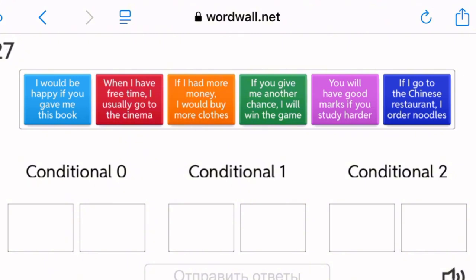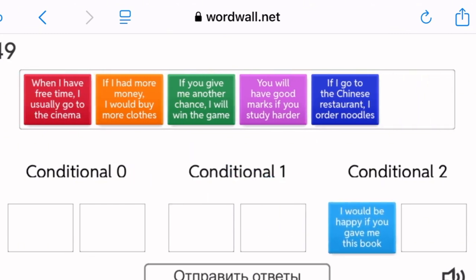What do you think? Which type of conditional is it and why? Okay, in the result part we have would and a bare infinitive, and the condition part is in past simple. So it's the second conditional.